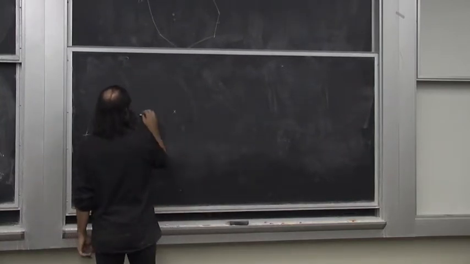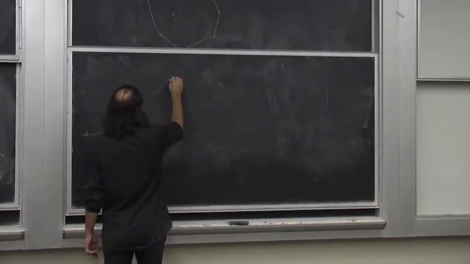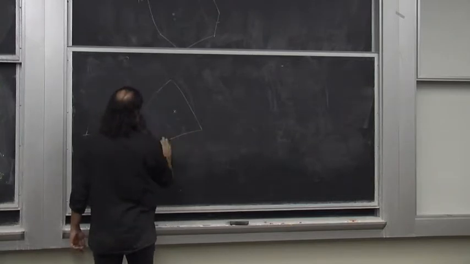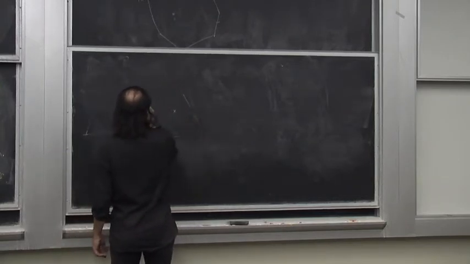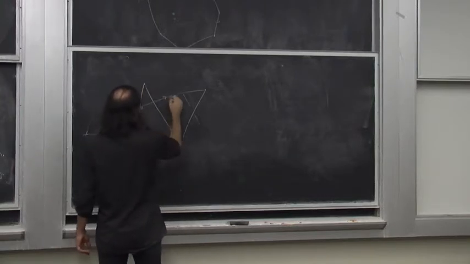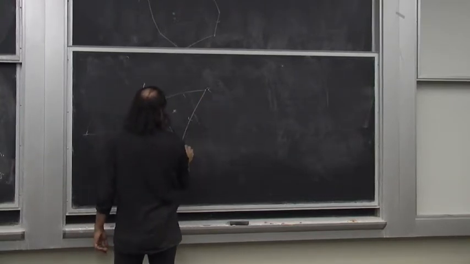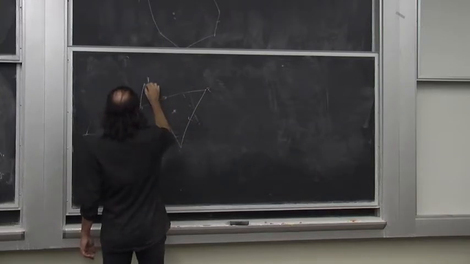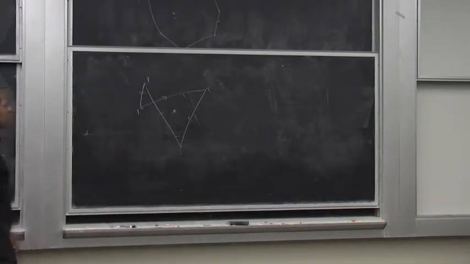Here's the origin. Picture number 1 is 1 to 2, 2 to 3, 3 to 4. So here's the fish: 1, 2, 3, 4, and 4 jumps back to 1. That's one picture.